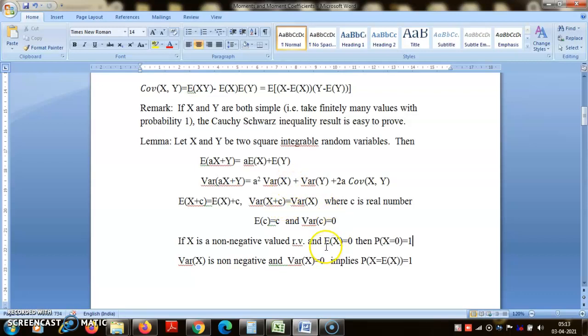It is important that this non-negative valued random variable is the important issue over here.